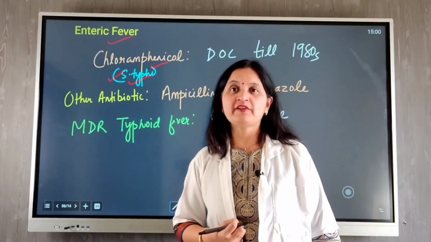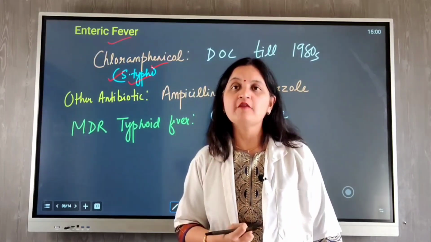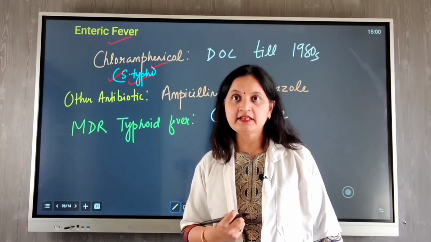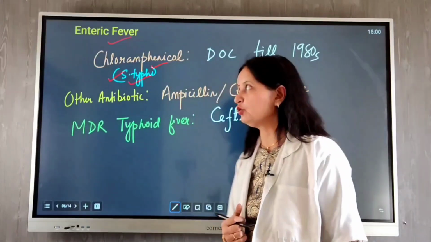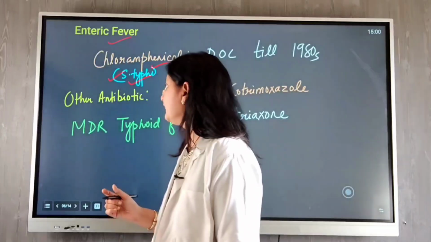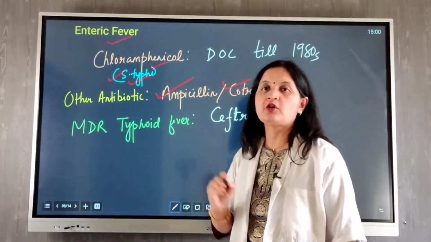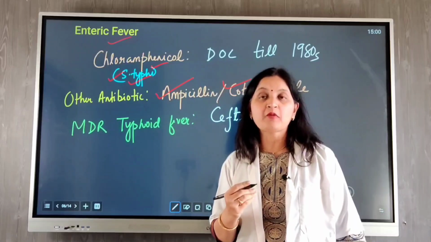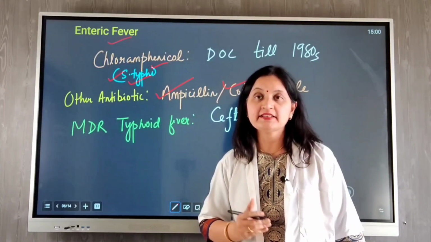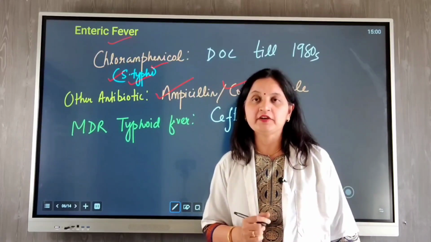Because of the emergence of resistance, and since resistance of Salmonella typhi is a concern, other antibiotics were used for typhoid fever, and the other antibiotics are ampicillin and cotrimoxazole. So, ampicillin and cotrimoxazole are the other antibiotics that can be used in typhoid fever.